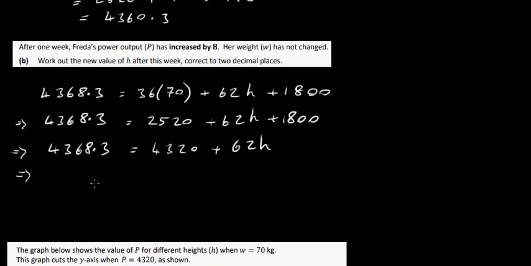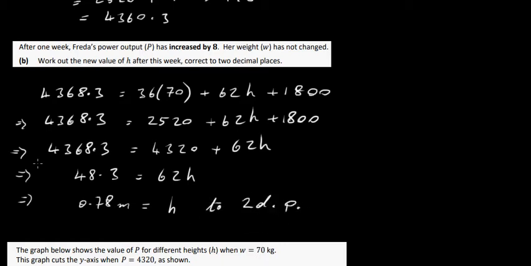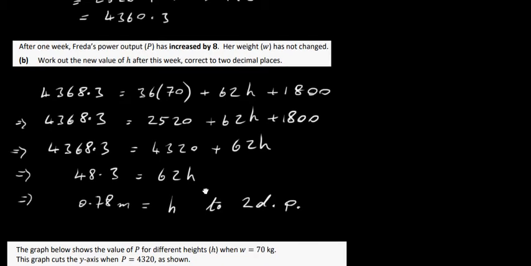Subtract 4320 from both sides and you get 48.3 is equal to 62H. Then finally, divide across by 62, and H is equal to 0.78 meters, to 2 decimal places. And that's it for part B.